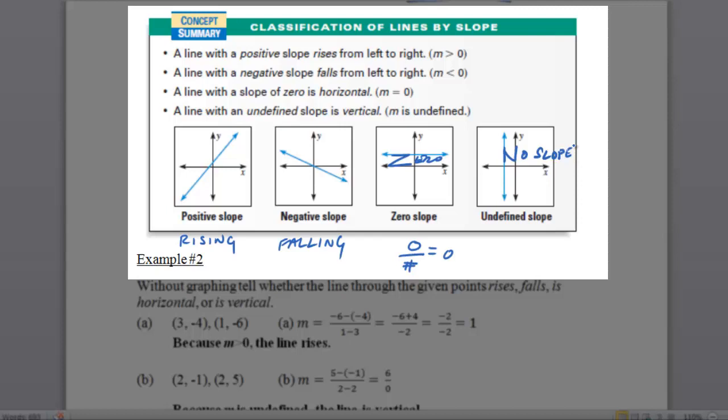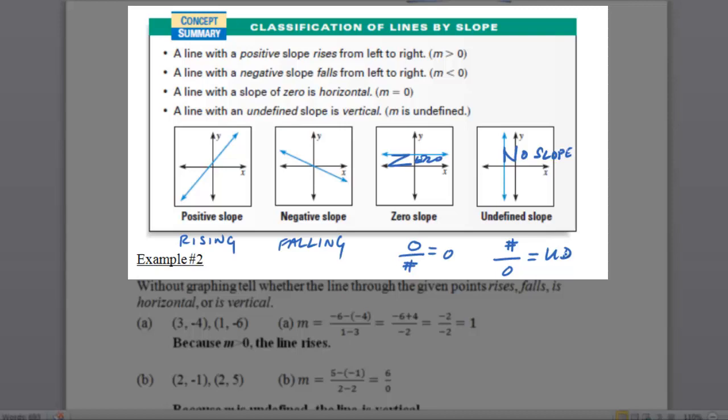There is no gradual decline. So the way this looks mathematically is that you end up getting some number value for your changes in y's over 0. And if you recall, anything divided by 0 is technically undefined. And so a vertical line always has an undefined slope.